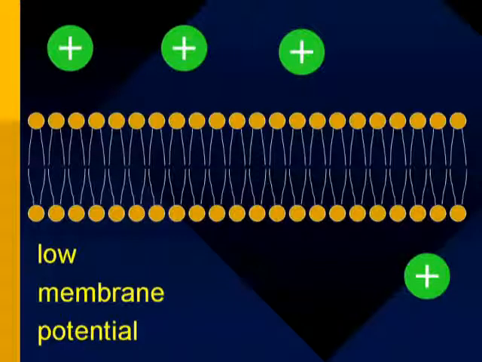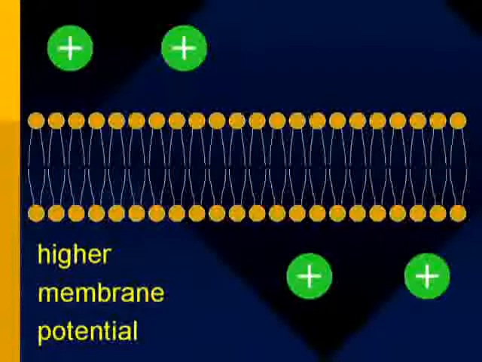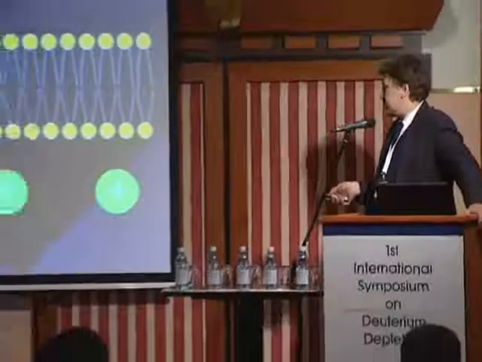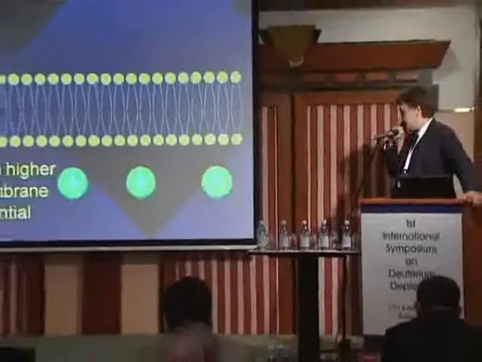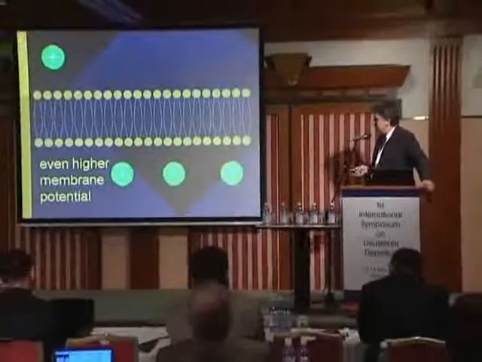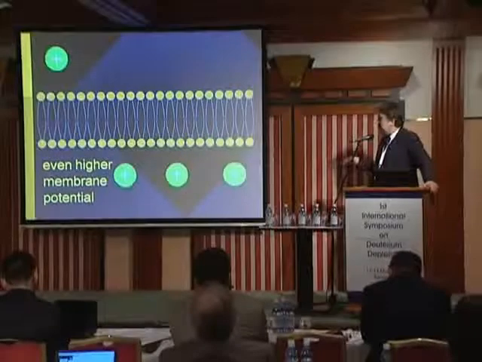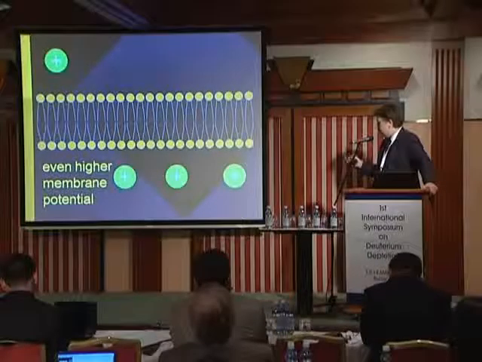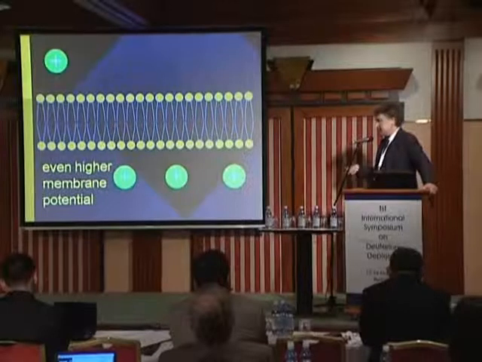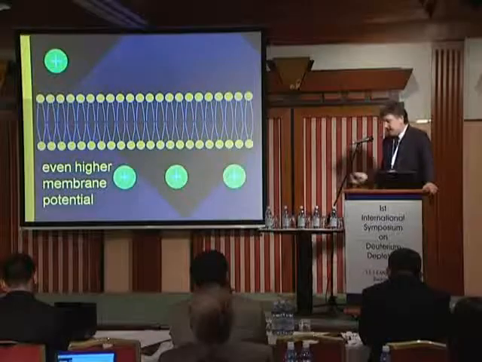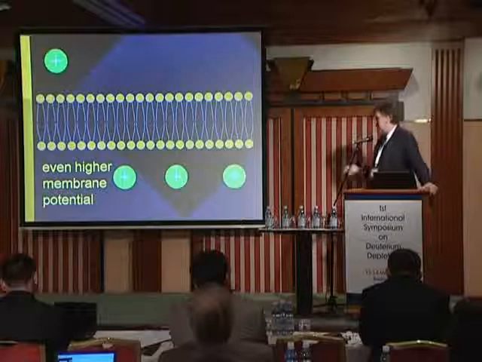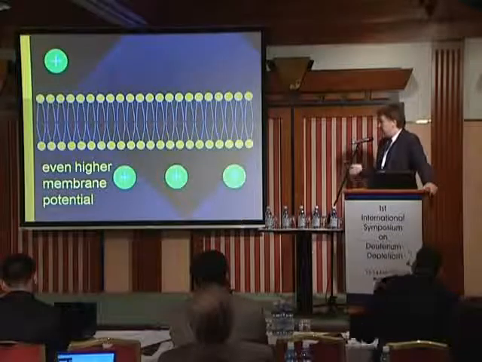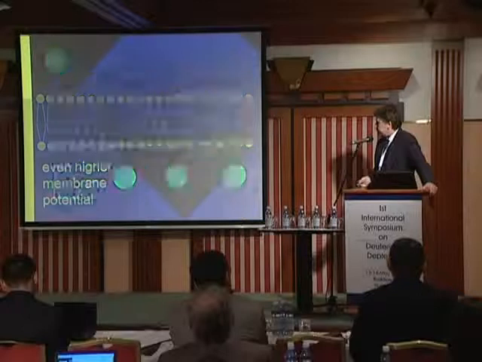So that's the principle of the measurement. If the membrane potential is low, there is only a little amount of dye which is taken up. If it is higher, we can get more dye in the cells, and if the potential is even higher, we will have even higher amount of dye in the cells. And since it is a fluorescent dye, we can measure the fluorescence which comes from the cells, and therefore we can estimate how big the membrane potential is.